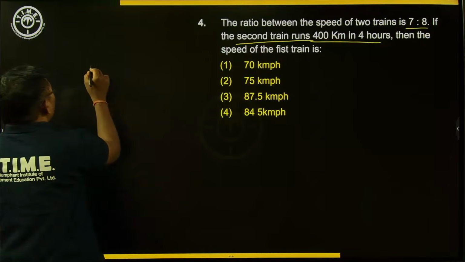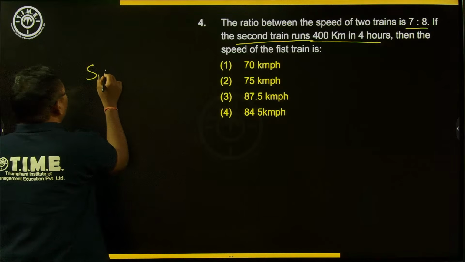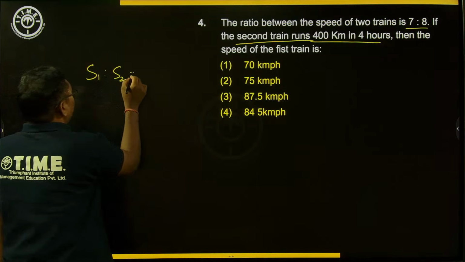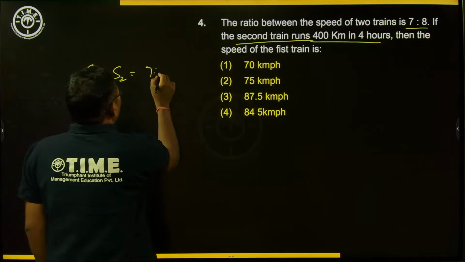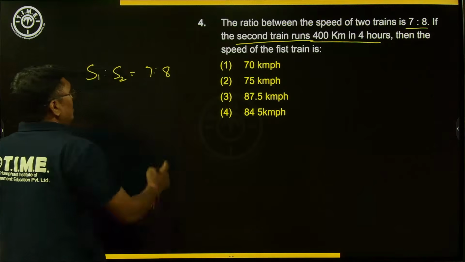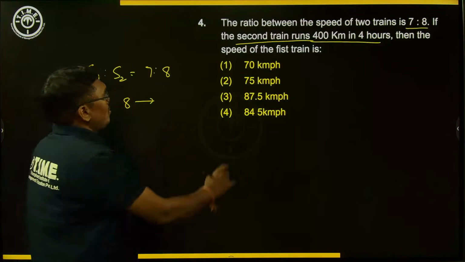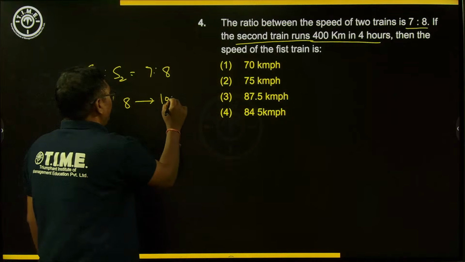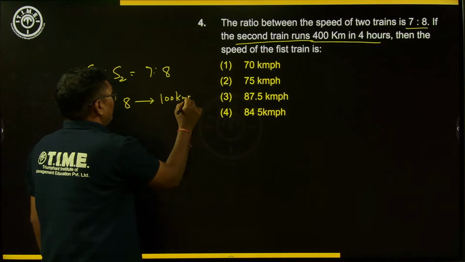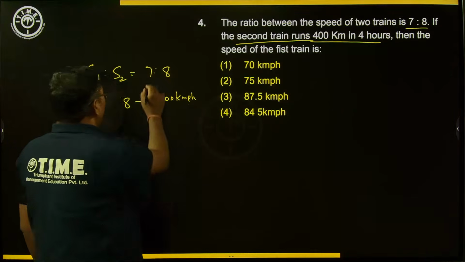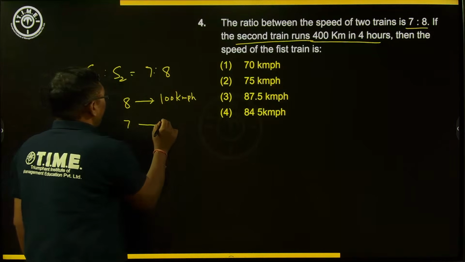The ratio of the speeds is, this is the first one and second one is 7:8, right? So 8 ratio is the speed of the second train, which is 100 kmph. You have to find the 7 ratio. 7 ratio is how much?